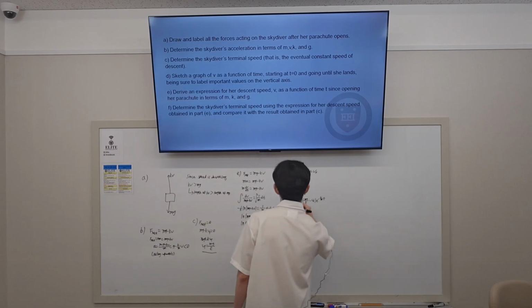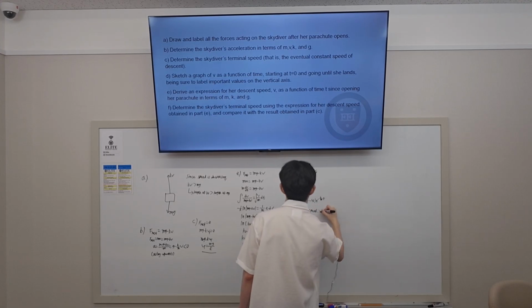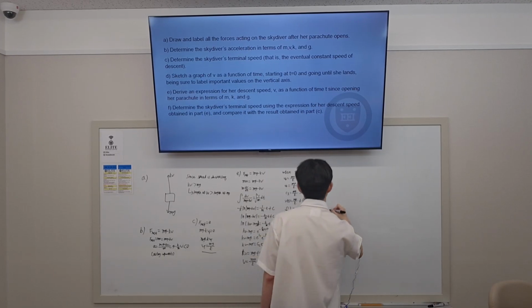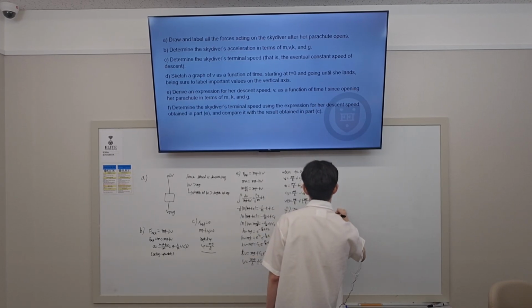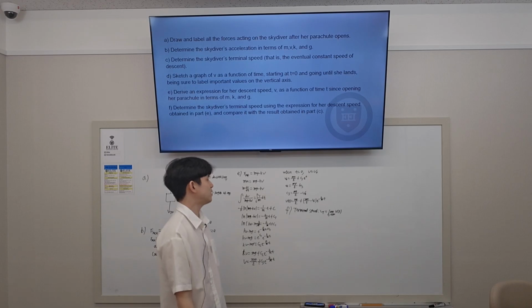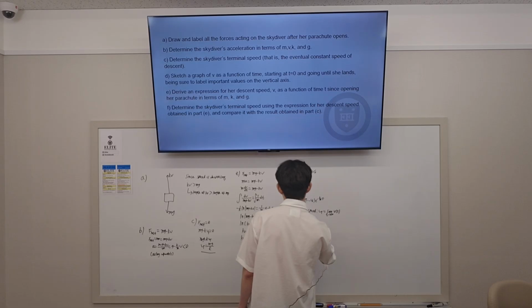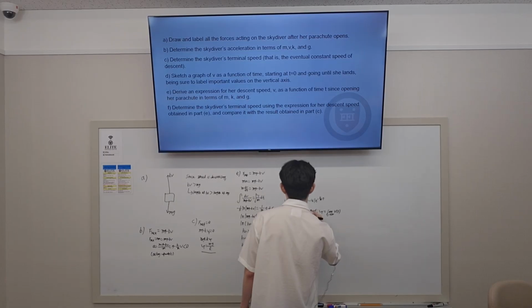Terminal speed v t is the speed of v when t goes to infinity. So let's calculate this expression.